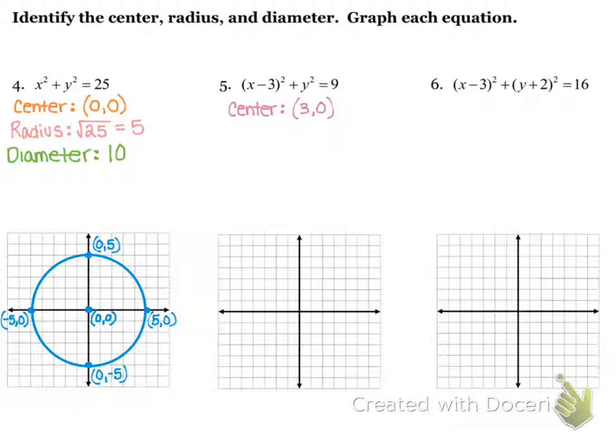My radius is going to be the square root of 9, which is 3, which means that my diameter is going to be 6. Okay, so let's graph.